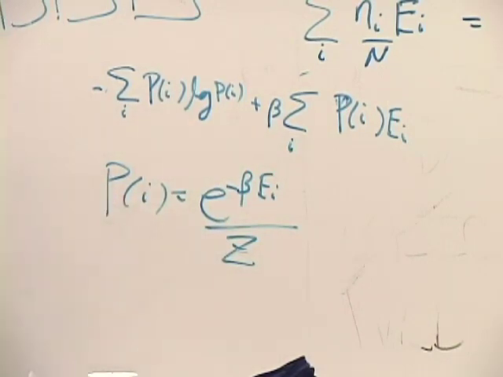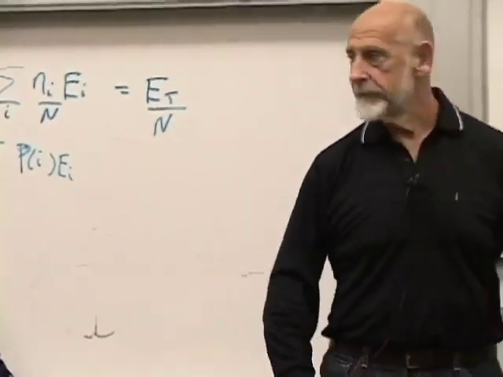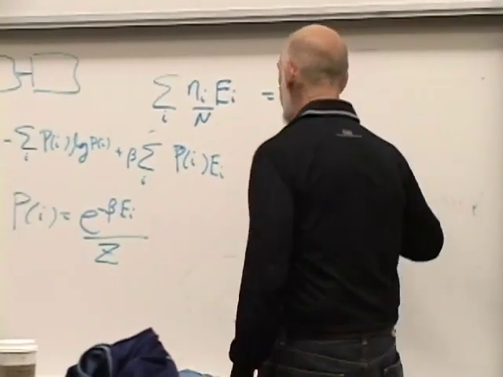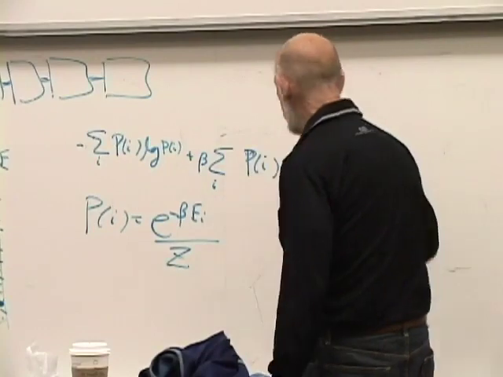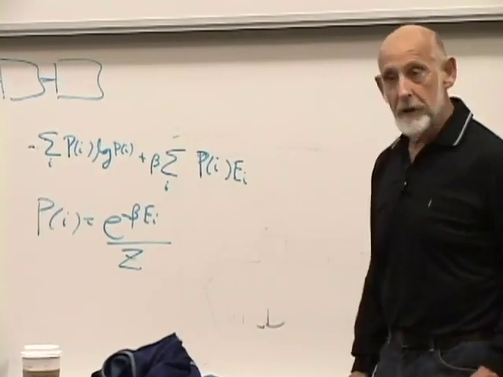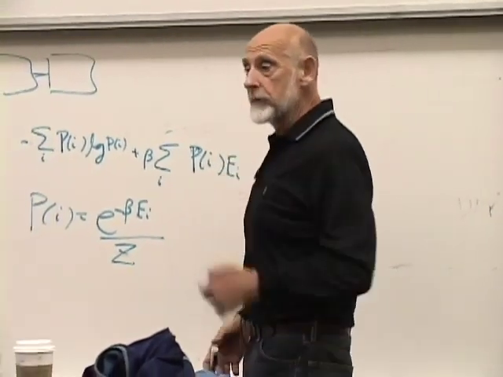That's the probability of being in the ith state. Now we've done something new. We've allowed particles to jump back and forth, but the total number of particles is not allowed to change. The total number of particles we'll assume is conserved.